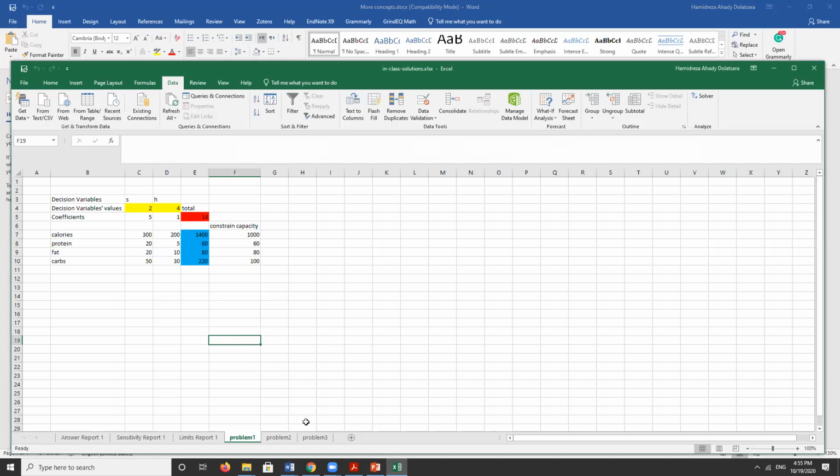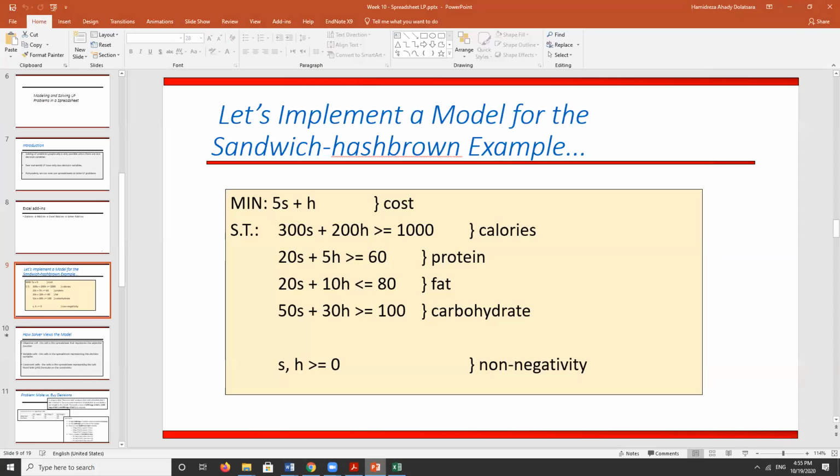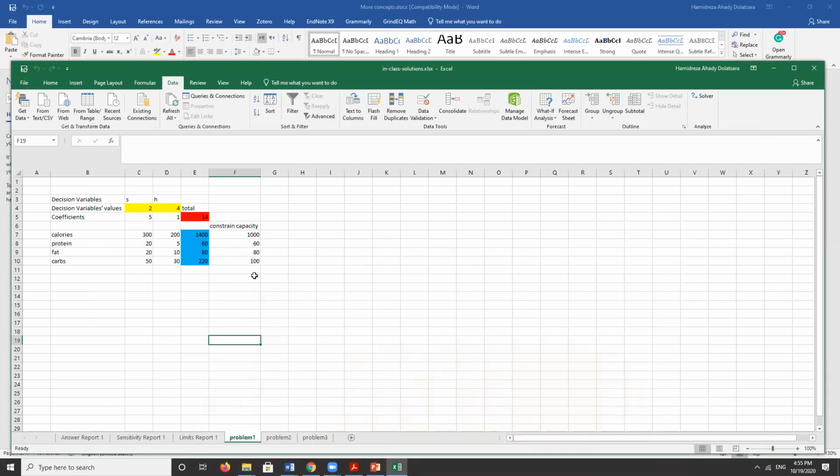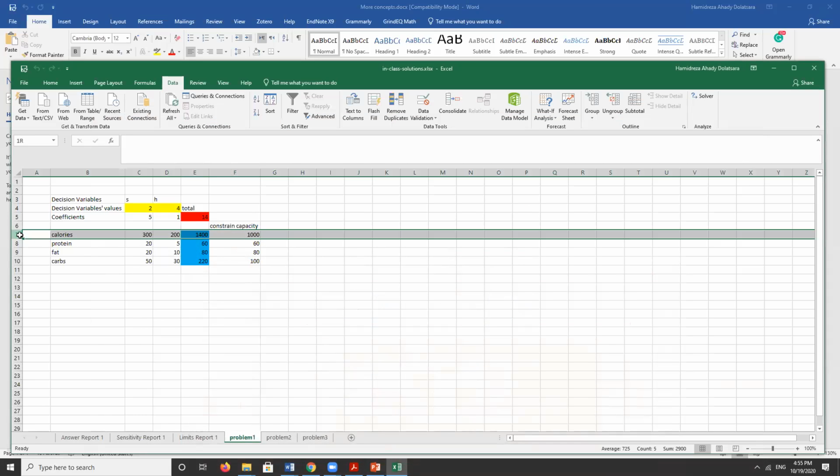Look at here. Which one was greater, protein and carbs? So protein is not binding, carb is not binding. Is this a slack or surplus?